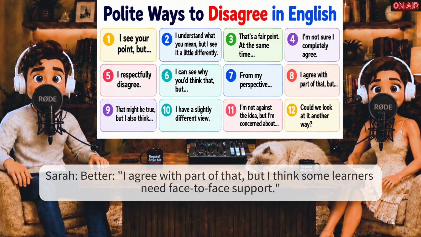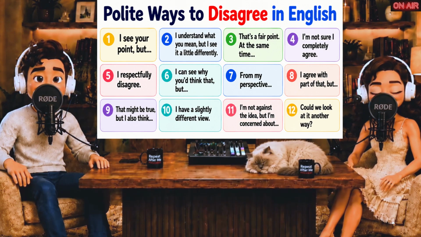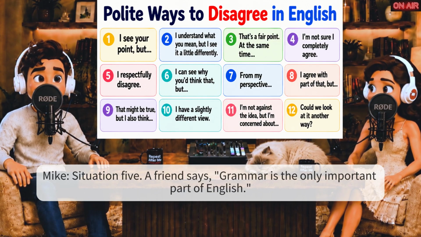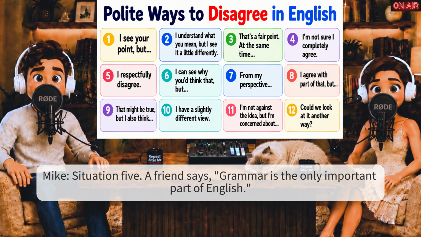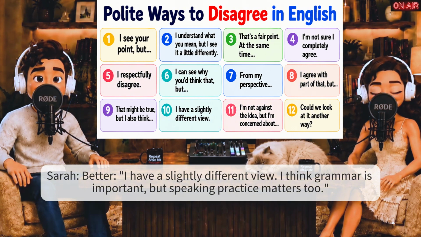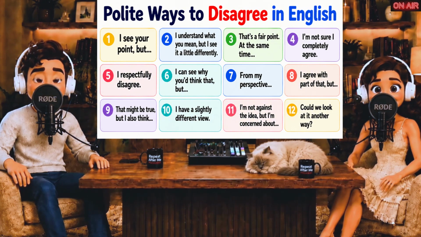Better: I agree with part of that, but I think some learners need face-to-face support. Situation 5. A friend says, grammar is the only important part of English. Better: I have a slightly different view. I think grammar is important, but speaking practice matters too.